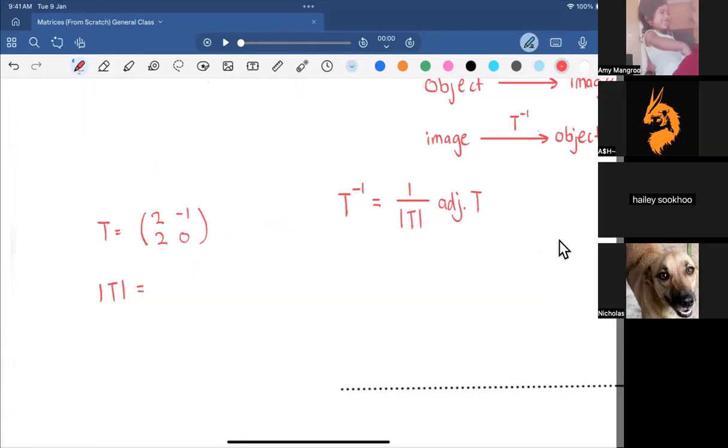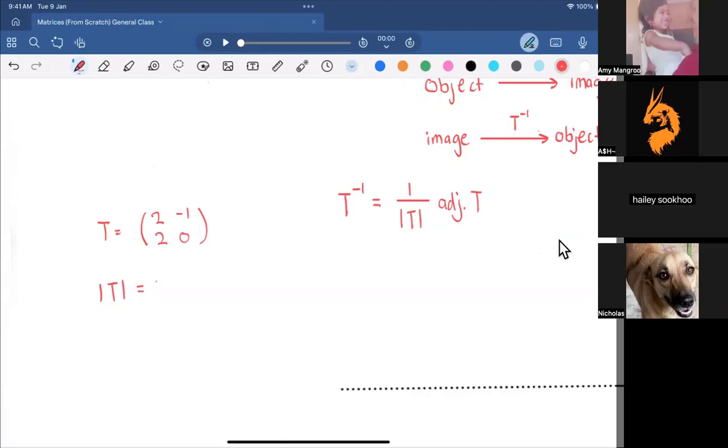All right, Haley, walk me through how I would find the determinant. Sorry, I was talking, I was muted. You multiply the diagonals and then subtract them.